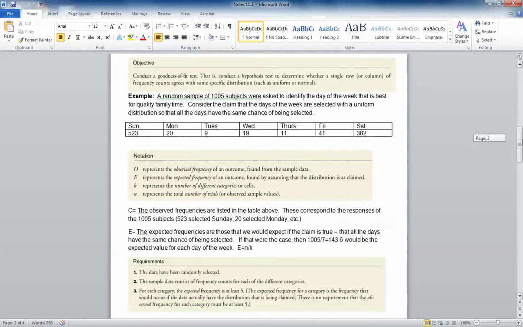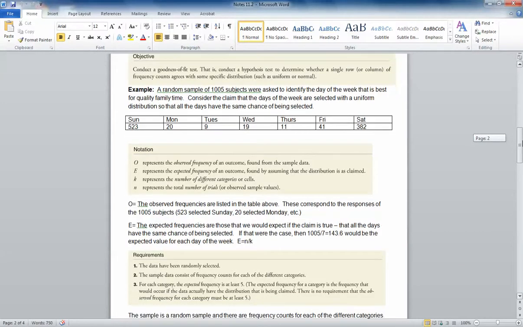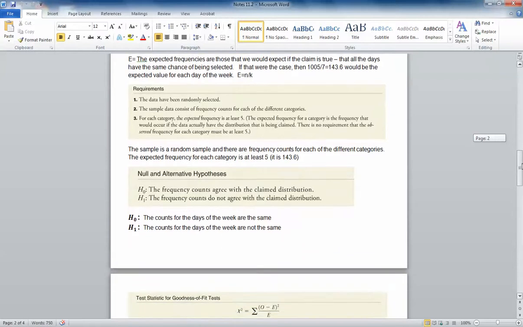The requirements for a goodness of fit test are that the data have been randomly selected. The sample data consist of frequency counts for each of the different categories, and we do have that. And for each category, the expected frequency is at least 5. We calculated that above. We got 143.6, so we do meet the 3 requirements.